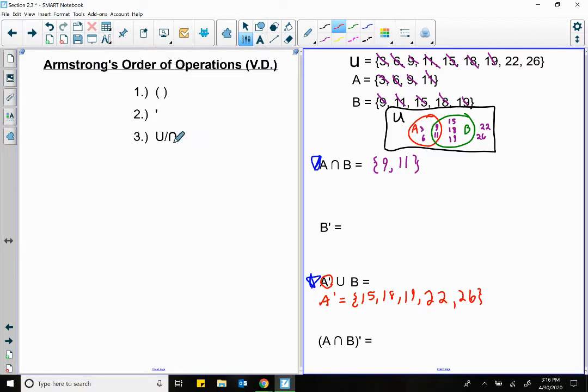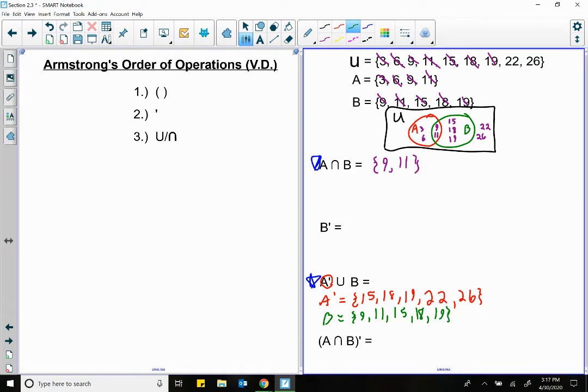Now we're down here. Do we have unions or intersections? Here we have a union. Now I'm going to write down what B was, just to remind us. Remember, B is 9, 11, 15, 18, and 19.